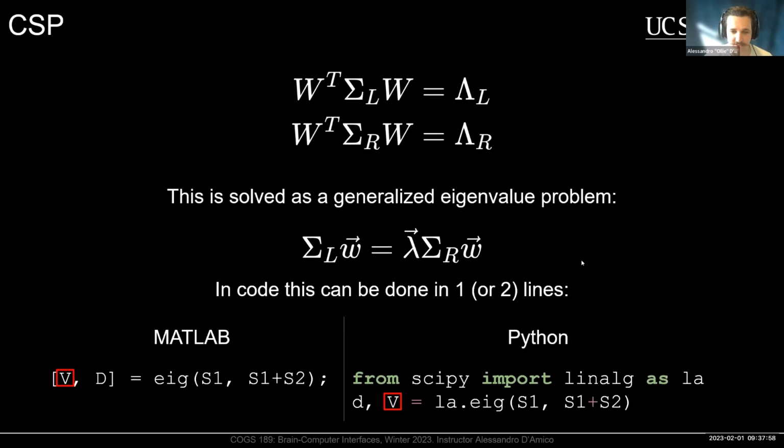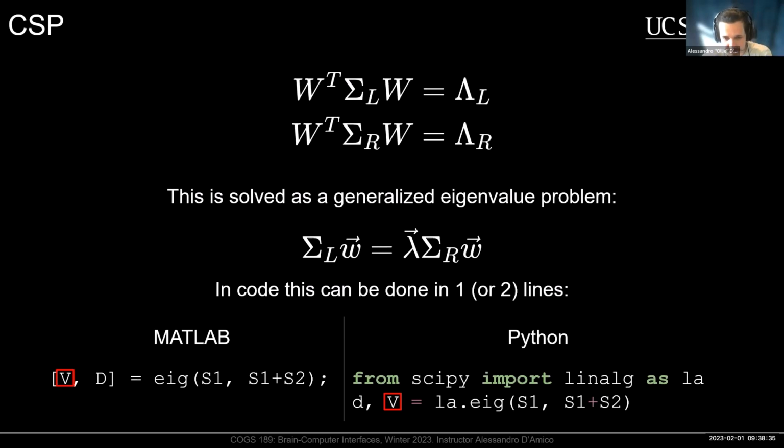But our goal is to essentially learn this spatial filter, which is going to be a matrix. In this case, within code, we call it V, which is going to be storing all of the eigenvectors. Okay. And if you've taken any class that has taught PCA, you'll know that the top eigenvector will show you the most variance in the data set. The second eigenvector will show you the second most variance in the data set, so on and so forth.